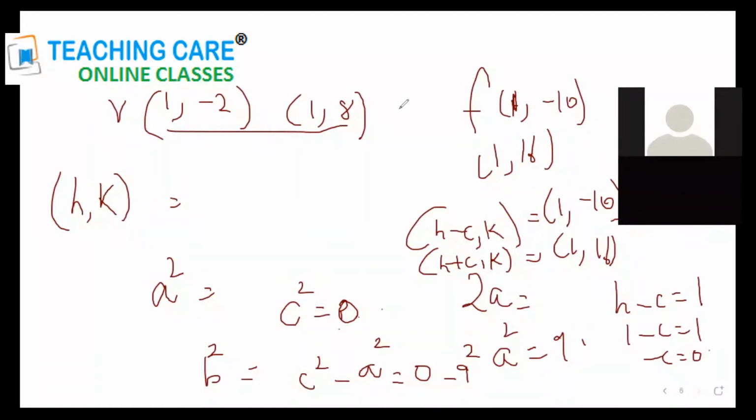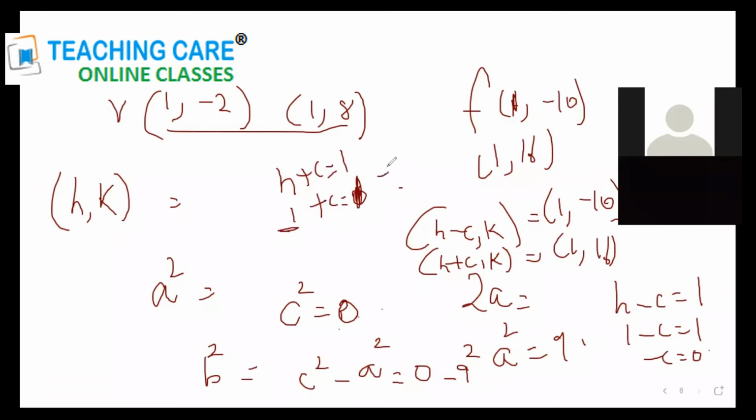Let me take the other coordinate and check. h plus c equals to 1. What is the other coordinate? Again, it's 1 only. C is 0. The equation is not getting formed. How is it 0? No, h is 1. 1 plus c equals 1.